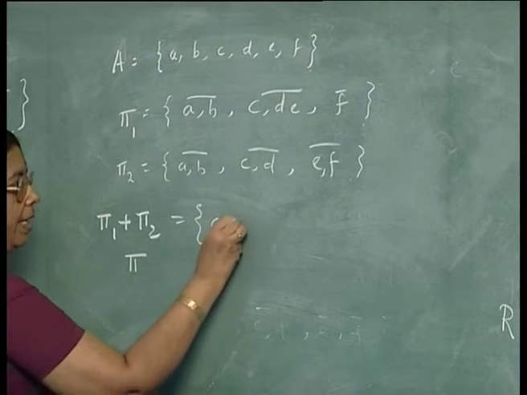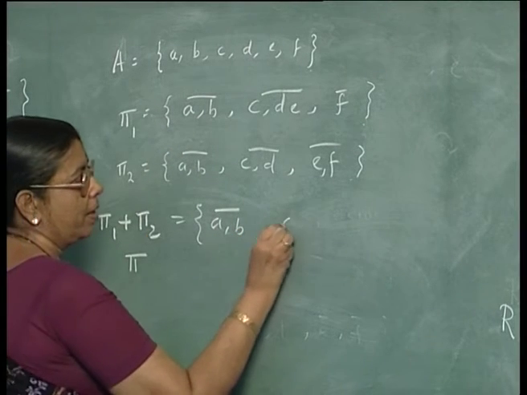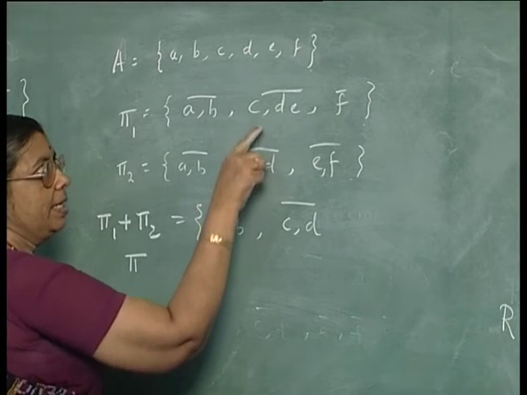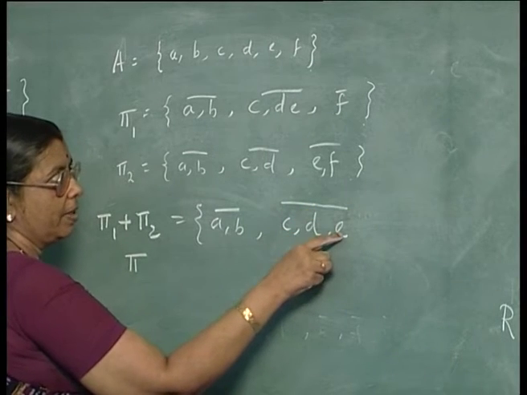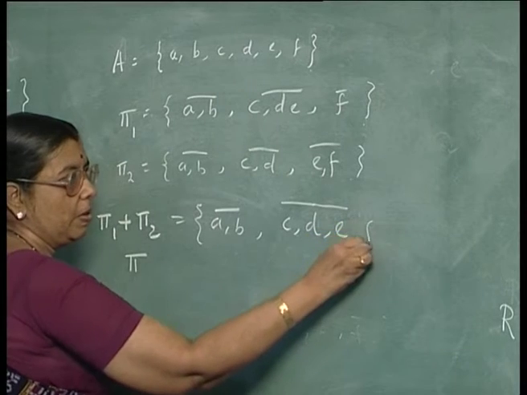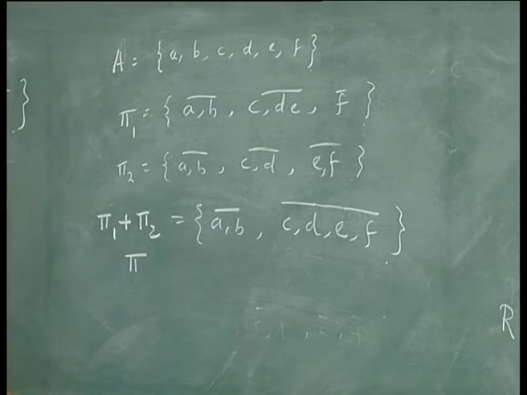So, here AB is a block here, AB is a block here, so that will be in one block. CD is in one block here, but CD is in a block which also contains E, so you have to include that also here. And here E and F are in the same block, so you have to include that also here. So, this is the sum of pi 1 and pi 2. AB will be in one block and CD, E, F will be in another block.